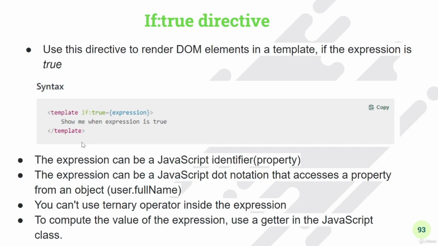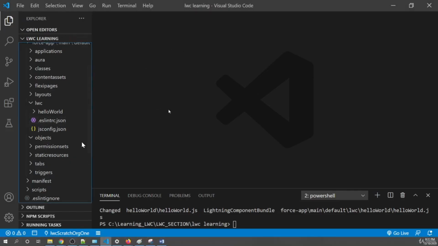Let's go to our code and use this if:true. Now I'm in my VS Code and I don't want to continue in the same component, otherwise it's going to get bigger and bigger. So we'll create a new component.